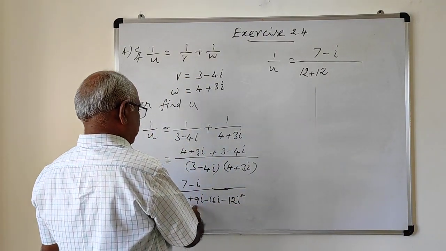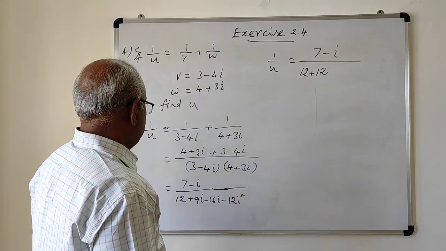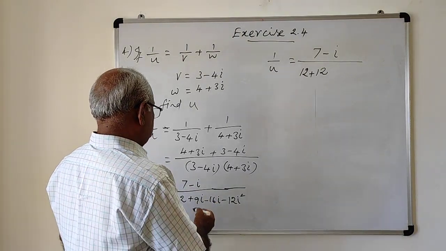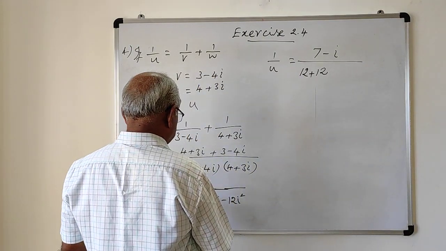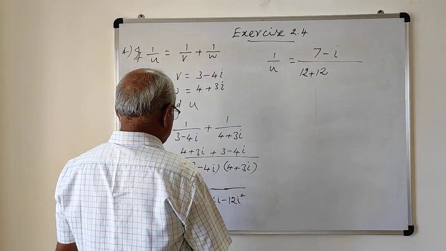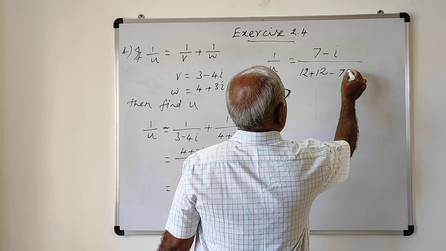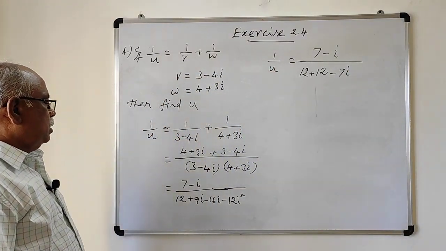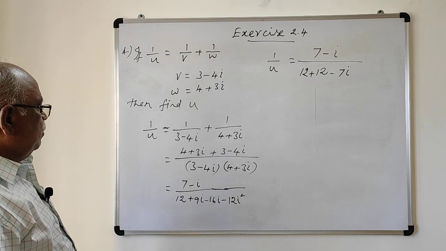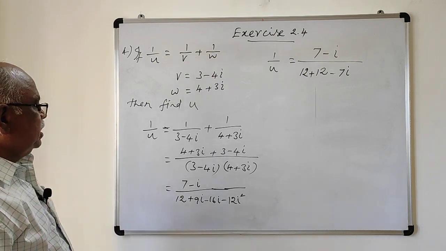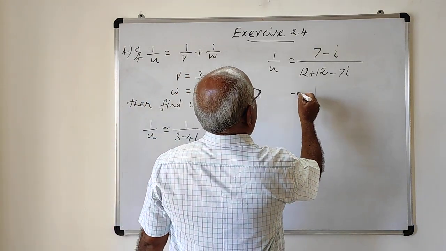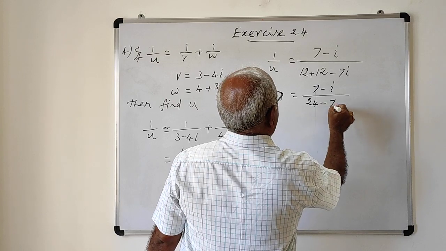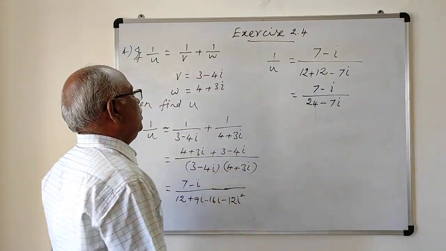And minus 16i plus 9i is minus 7i. So this is 7 minus i by 24 minus 7i. So 1 by u is this.